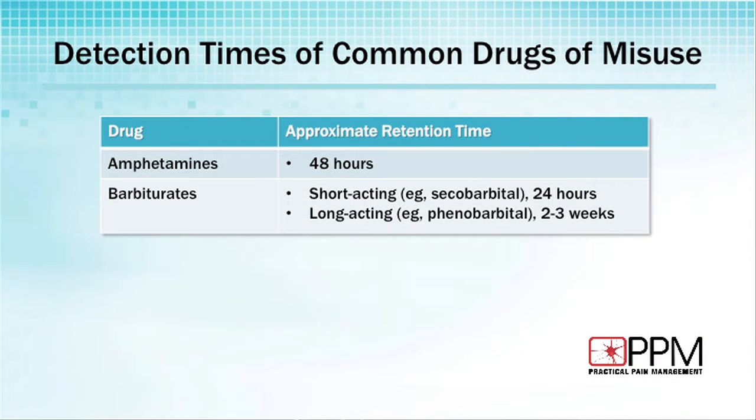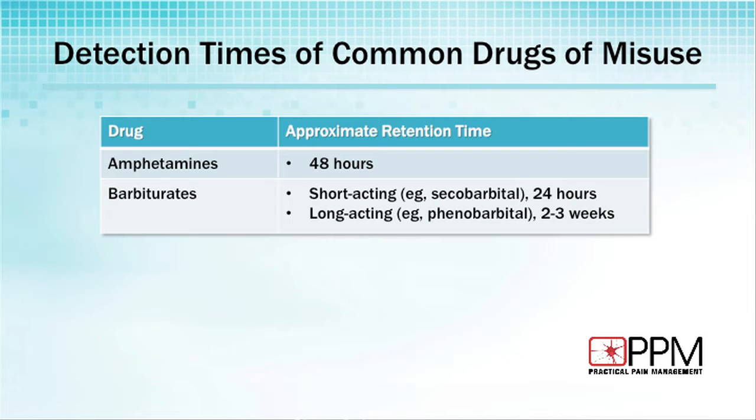If we look at this first slide, amphetamines, for example, have a very short retention time. They will be cleared from the urine probably within 48 hours. In contrast, barbiturates, there's some heterogeneity there. Depending on the specific barbiturate that the person may be using, it may be that, for example, with secobarbital, it's only 24 hours.